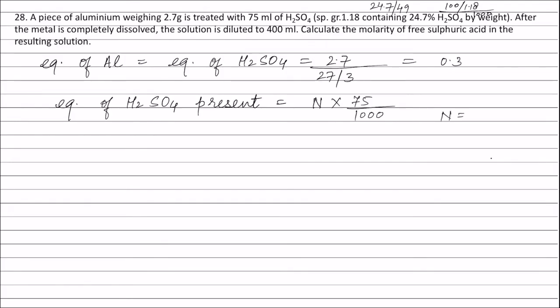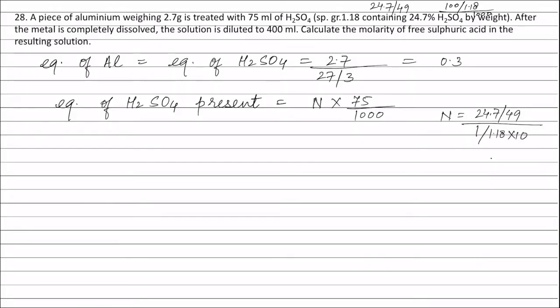Normality of sulfuric acid will be equal to equivalence of sulfuric acid, that is 24.7 divided by 49, divided by volume of solution in liters, that is 1 by 1.18 into 10 liters.